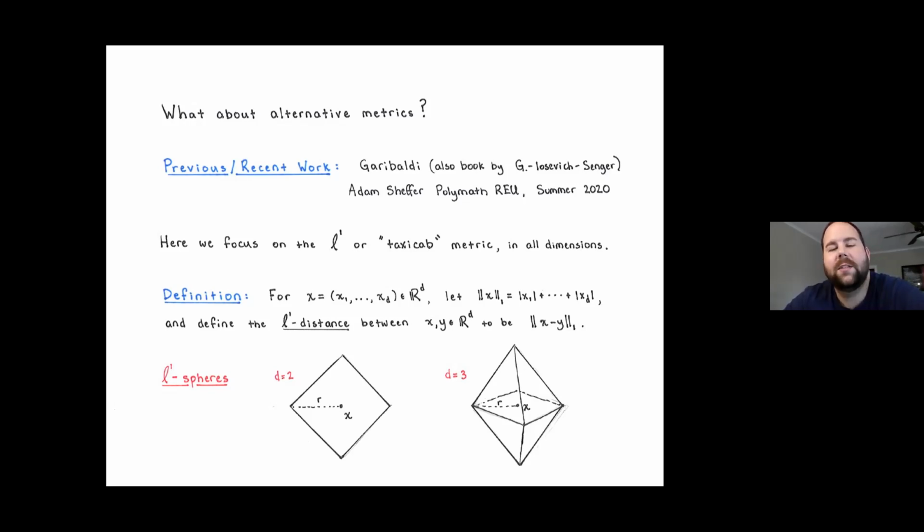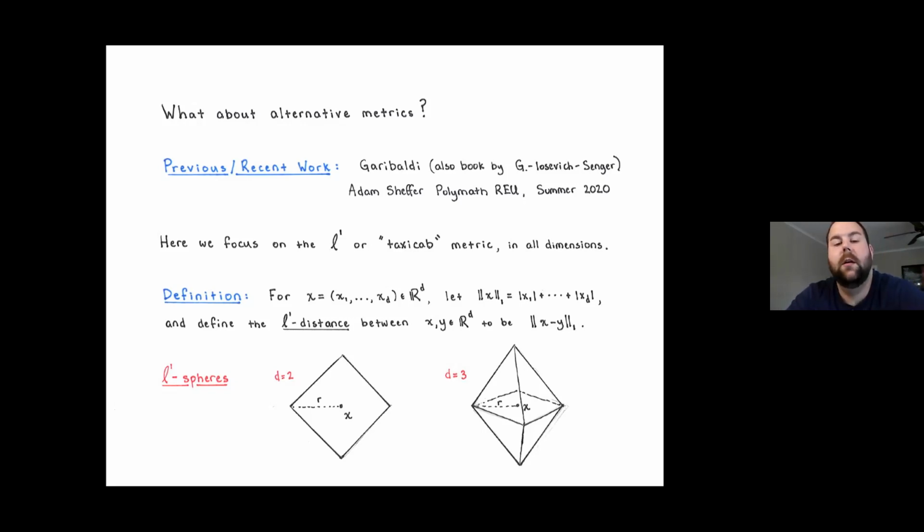And then even as recently as this past summer, so after the summer that I'm talking about, Adam Sheffer's Polymath REU group did work on the Erdős distinct distance problem and the pinned distance problem for LP metrics.